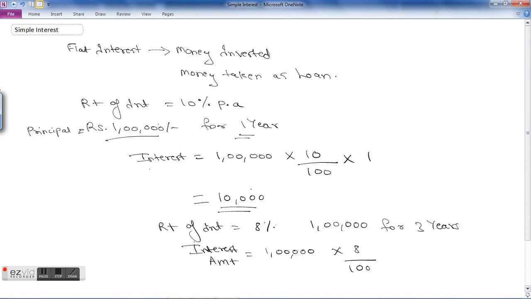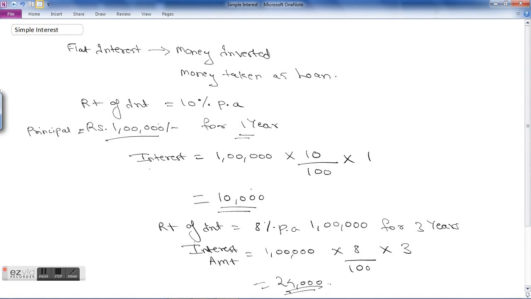This is per annum, so per year you will receive 8% of 1 lakh, into number of years. Number of years here is 3. So what will be the amount? 8%, so 8,000 into 3, 8 3s are 24. So 24,000 will be the interest received at the end of 3 years.